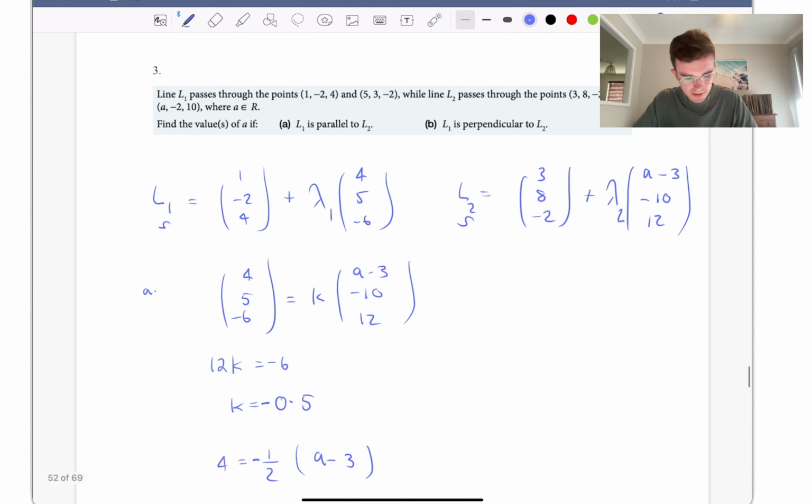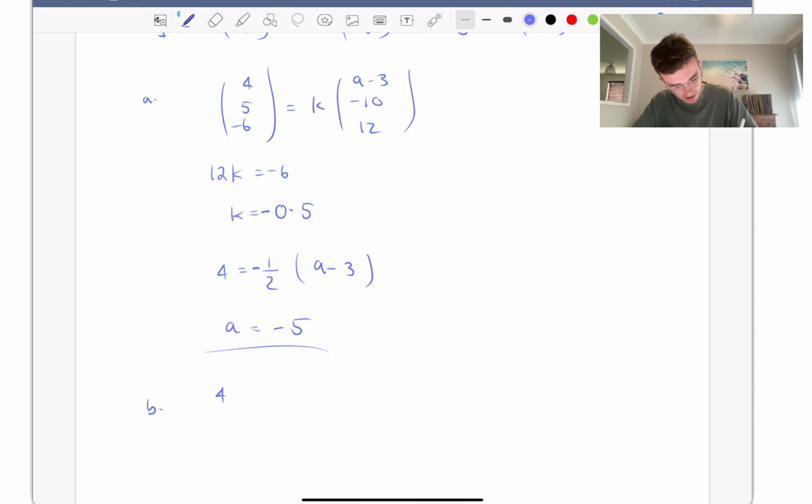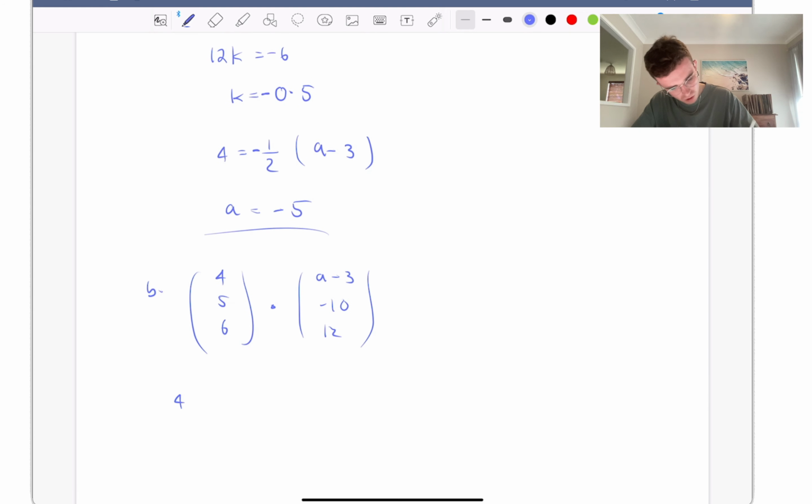Part B. Perpendicular, that just means that the dot product of 4, 5, 6 and A minus 3, minus 10, 12 is equal to 0. So 4 lots of A minus 3, minus 50, plus 6 times 12, equals 0.